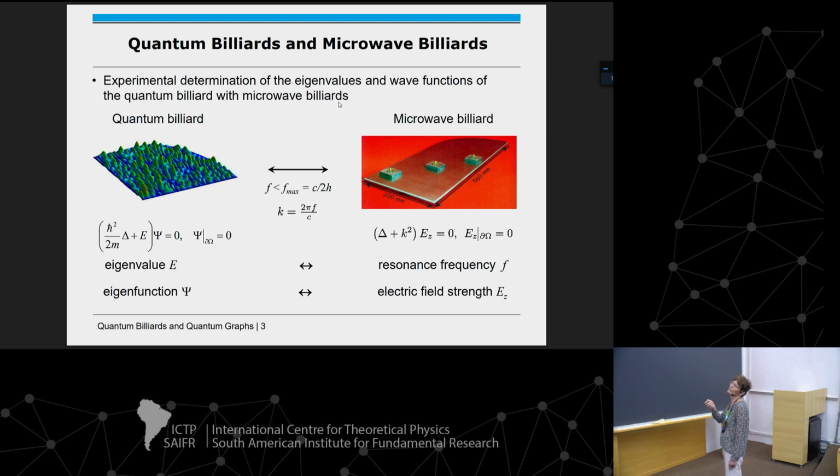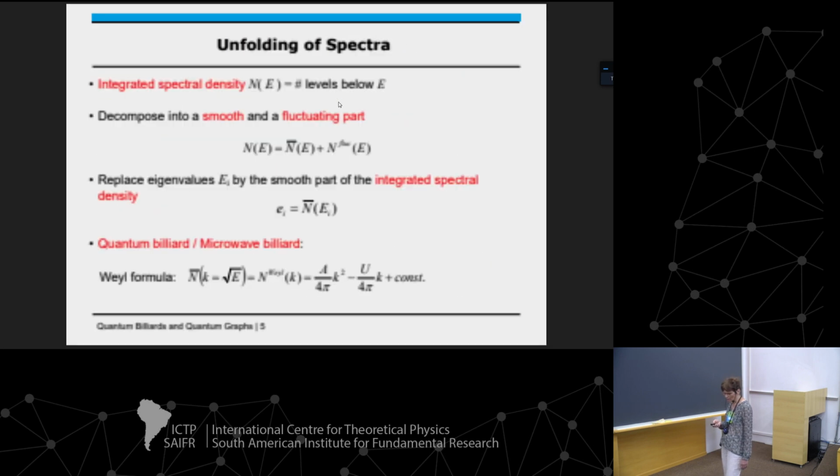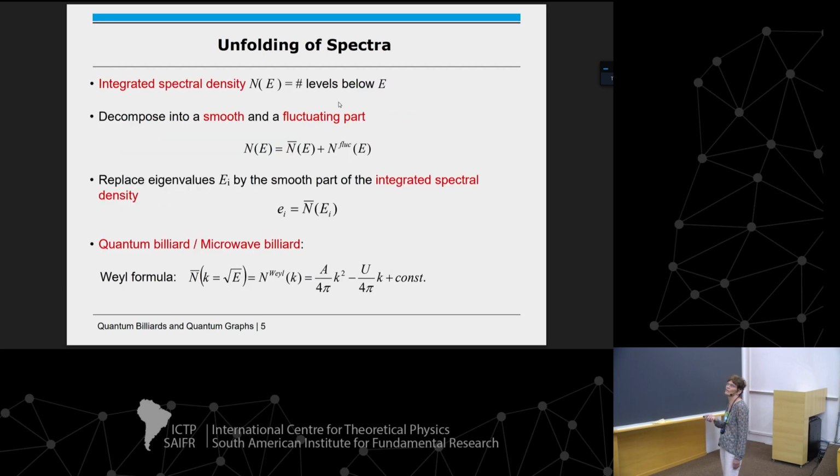In a microwave billiard, you measure frequencies, and to get the wave numbers you take 2 pi multiplied by the frequency divided by the velocity of light in vacuum, because the experiments are done in vacuum. In the numerical computations, I use the wave number k. And then you have a polynomial of second order. A is the area of your billiard, and U is the circumference.